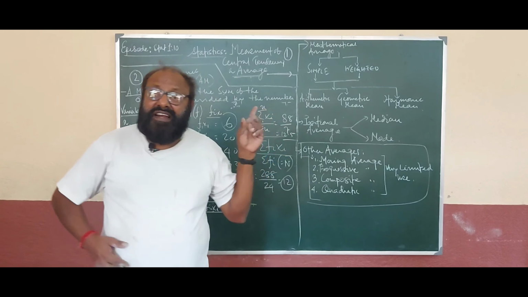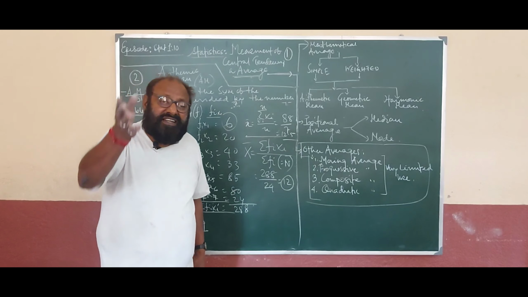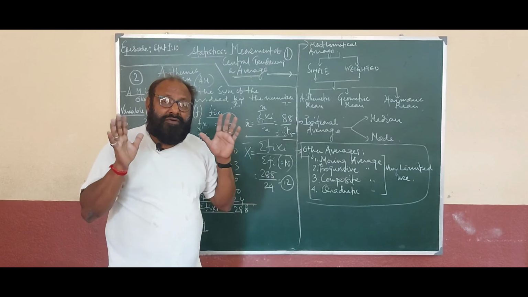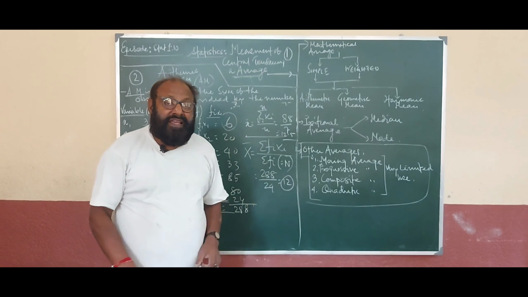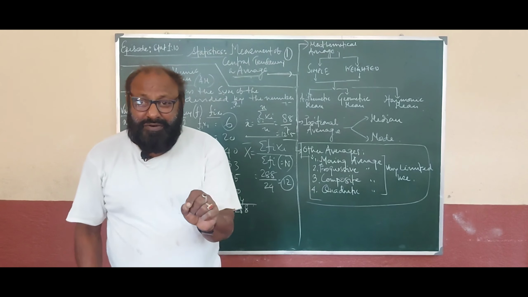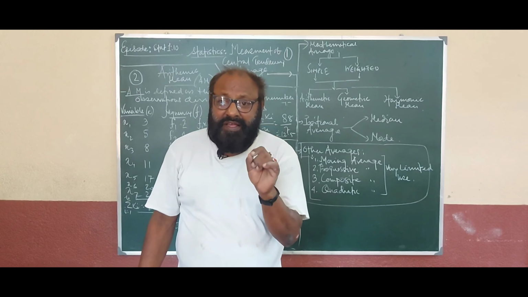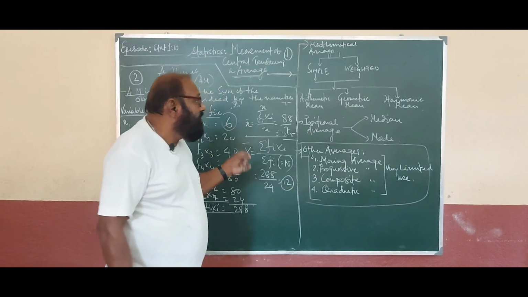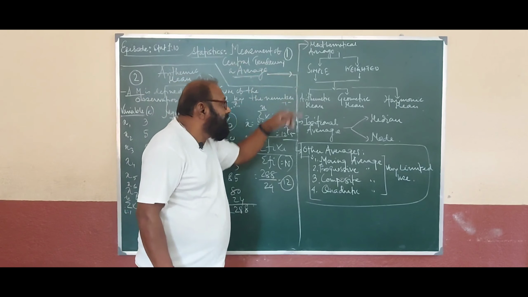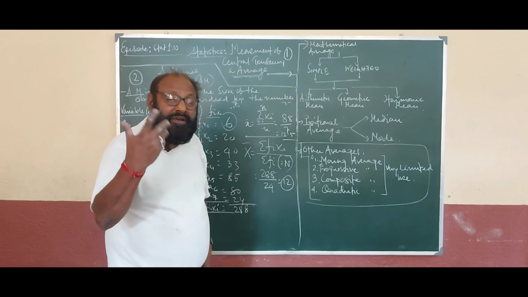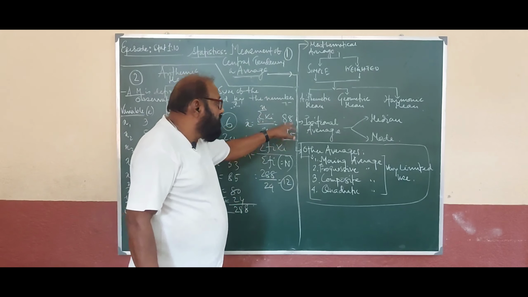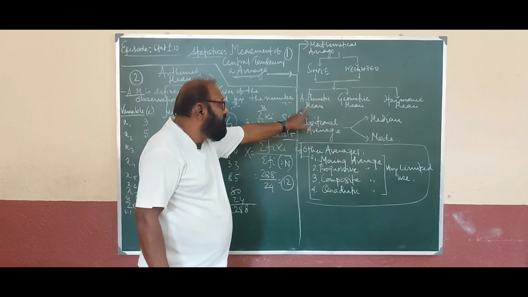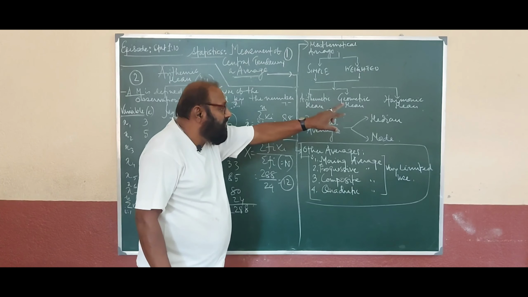Clear? Now, central tendency, what is it? Central tendency is the tendency of the values to rotate around a central value. Finding out the central value is our objective, and this central value may be of three types. One is mathematical average, central value is also known as average. Mathematical averages are of three types: arithmetic mean, geometric mean, harmonic mean.